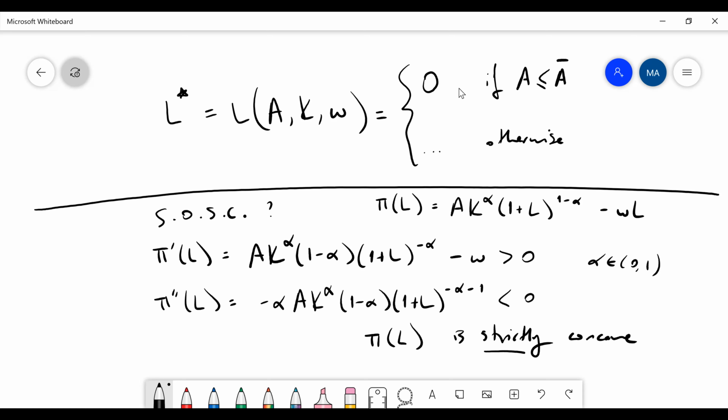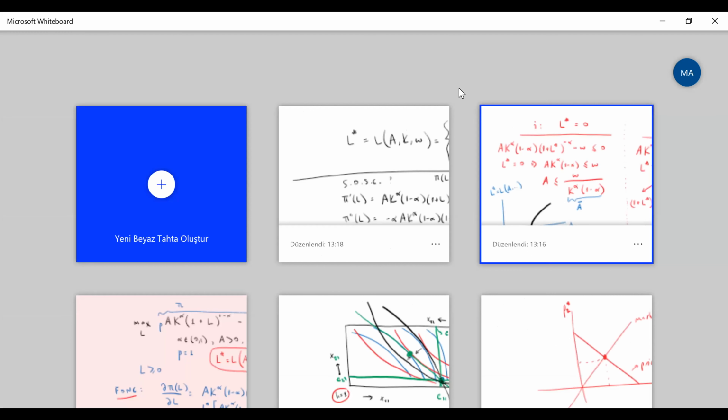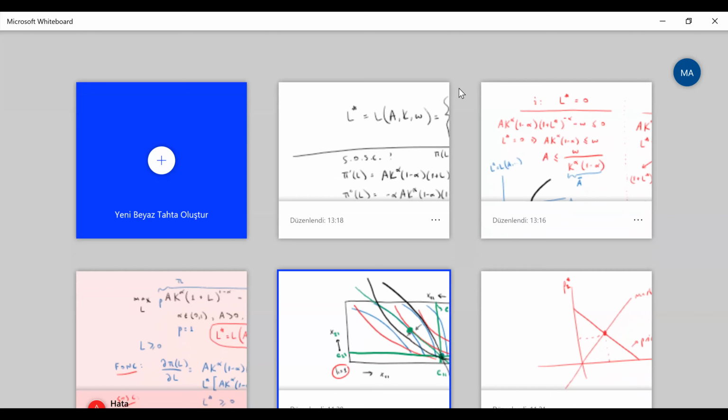So that's it. The first condition is very simple, because this is a one variable problem. But importantly, you're going to check both cases. Wait, there's a problem.